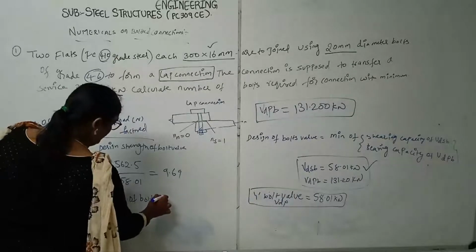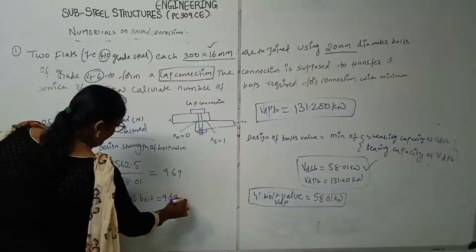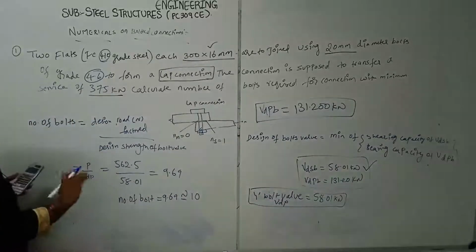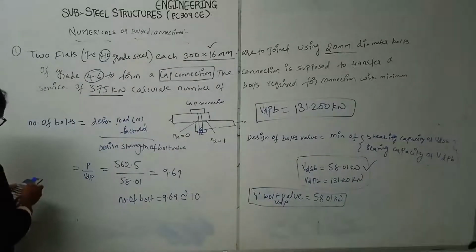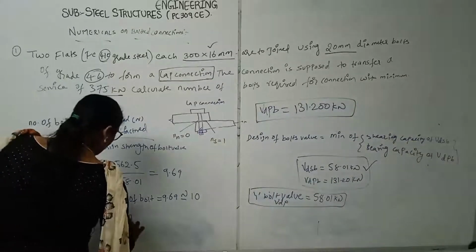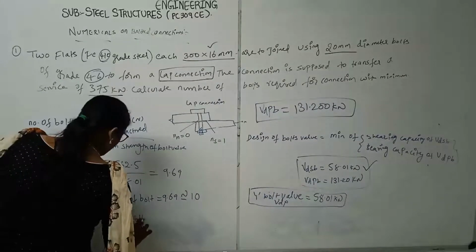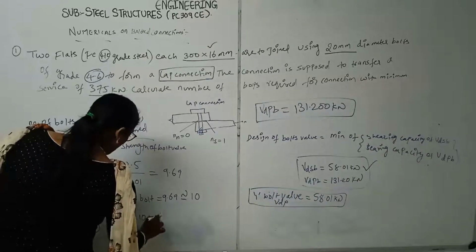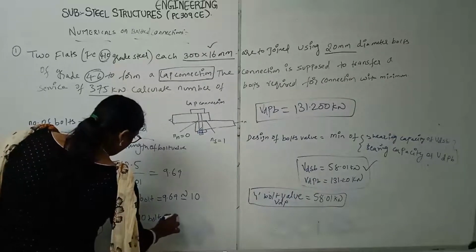It should be taken approximately as 10 bolts, 5 on each side. So the number of bolts is equal to 10 bolts, 5 on each side.